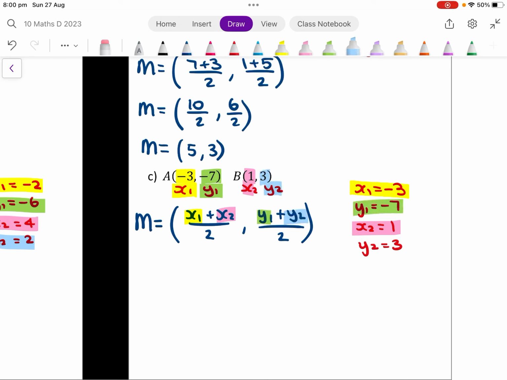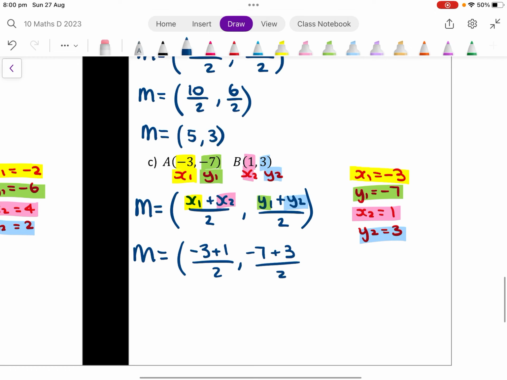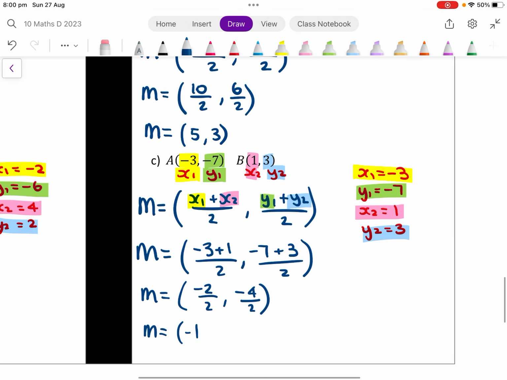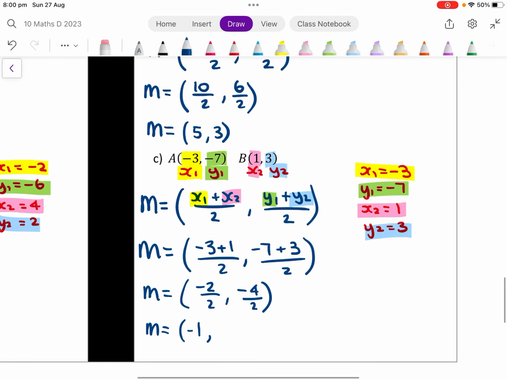So we then have that m equals negative 3 plus 1 over 2 and negative 7 plus 3 over 2. So we'll have negative 3 plus 1 is negative 2 over 2. Negative 7 plus 3 is negative 4 over 2. So we'll get negative 2 divided by 2 is negative 1, and negative 4 divided by 2 is negative 2.